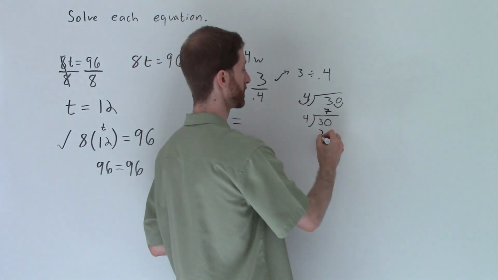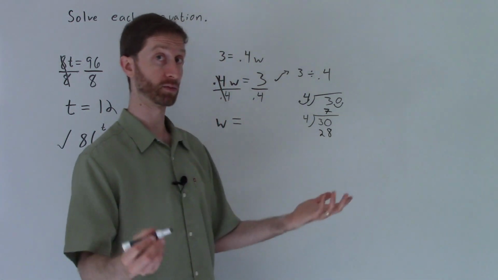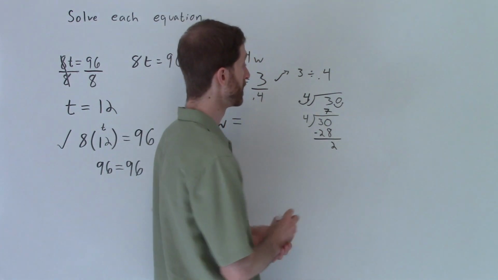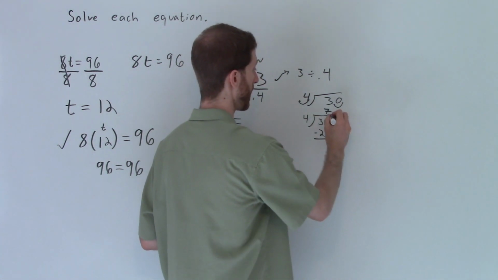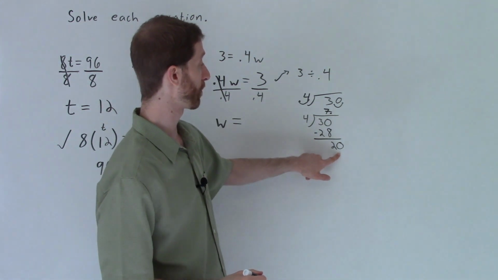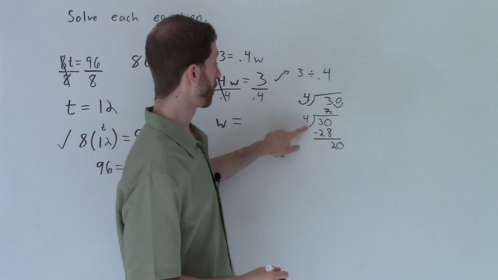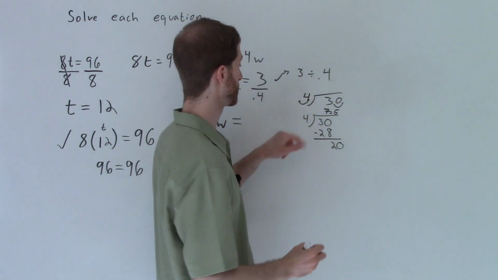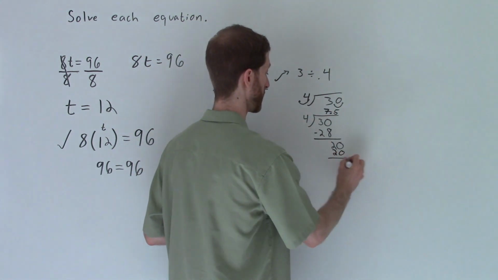7 times 4 is 28. And then we subtract, and we see that we have 2 remaining. We're going to drop down a 0 and keep the decimal point lined up right there. Now we're in tenths. So 4 goes into 20 5 times with nothing remaining. 5 times 4 is 20.